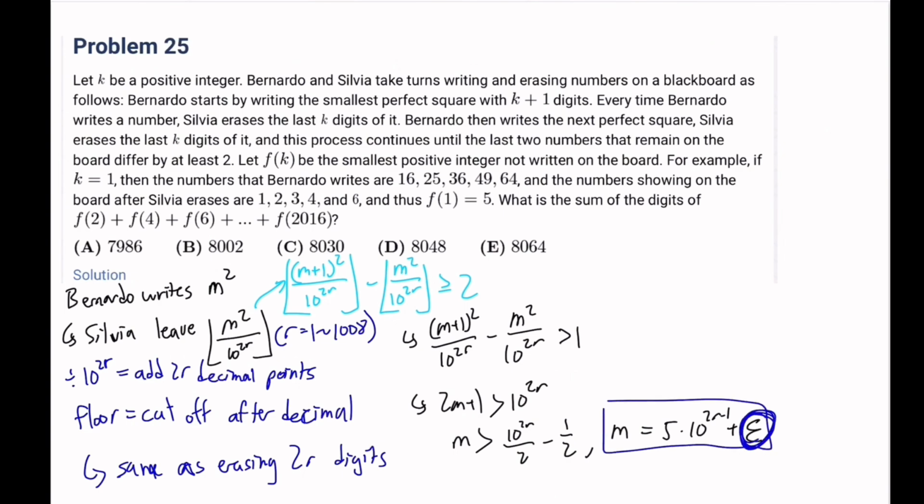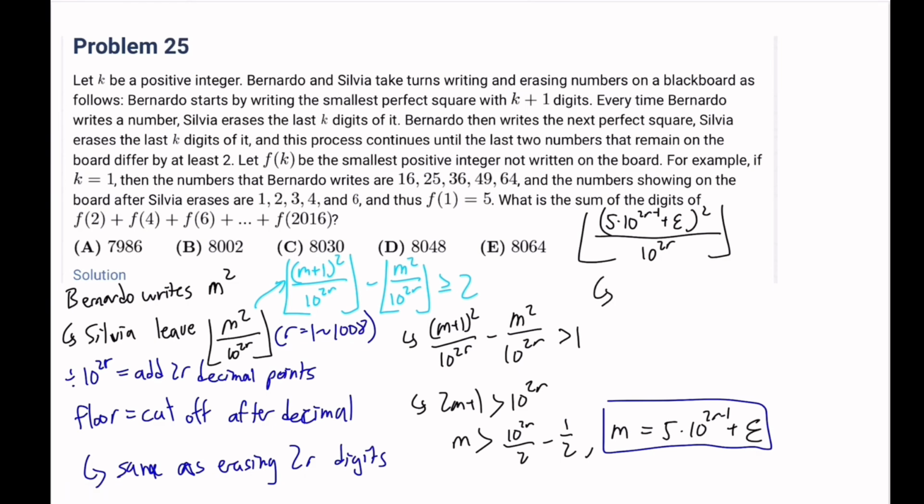And we know that every time r increases by 1, epsilon increases by 1. And now that we have m, we can plug that into this part. So we will get m squared, (5 times 10 to the 2r minus 1 power plus epsilon) squared over 10 to the 2r power, floor.